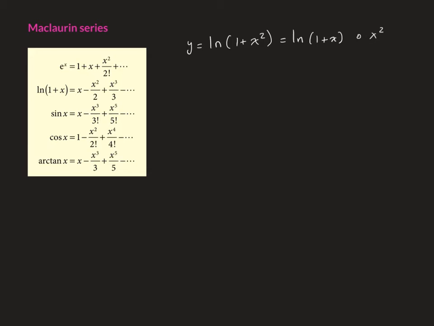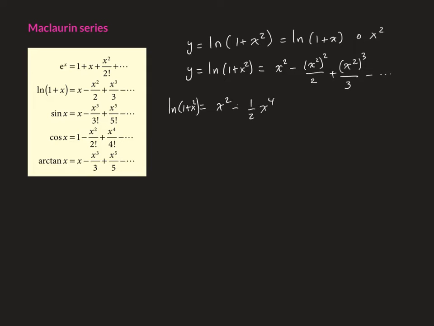So when we substitute, we get y equals ln(1 plus x squared), that would be equal to x squared minus (x squared) squared over 2 plus (x squared) power 3 over 3 minus etc. So that means the expansion is going to be ln of 1 plus x squared is x power 2 minus 1/2 x power 4 plus 1/3 x power 6 minus etc.